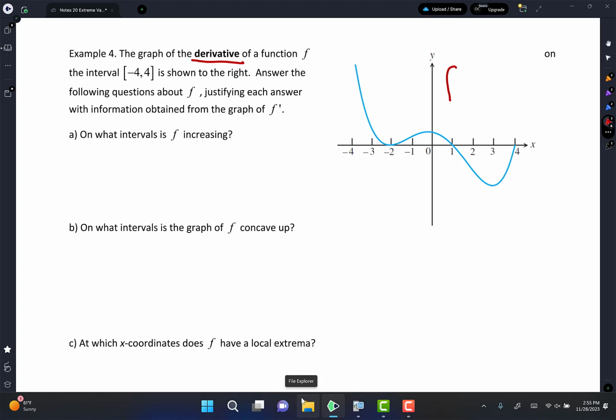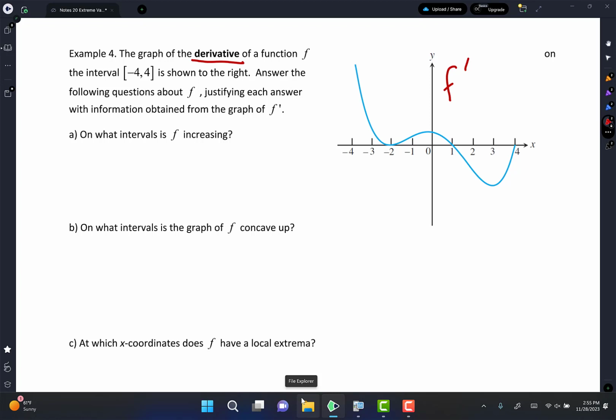So plug in f prime in there so we know that we're looking at f prime. Label it so you know that you're looking at a derivative graph. Answer the following questions about f. Justify each answer with the information obtained from the graph of f prime.